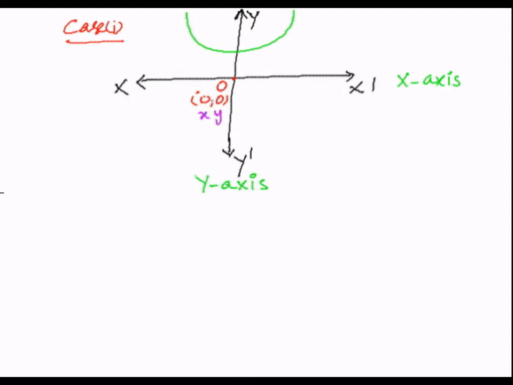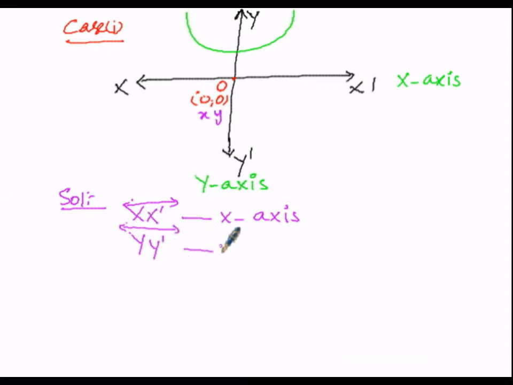So in this regard, the solution starts now. Here x dash is the x axis, and y dash, the vertical line, is the y axis.